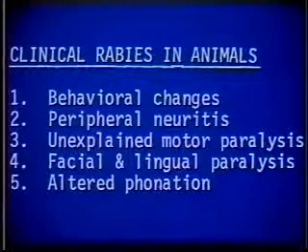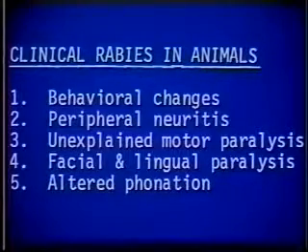So clinically then, we look for behavioral changes. This is the most important aspect of rabies insofar as it's being suspected, and that is that animals do things that they normally would not do.